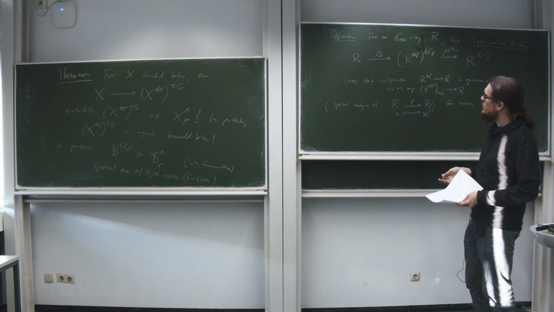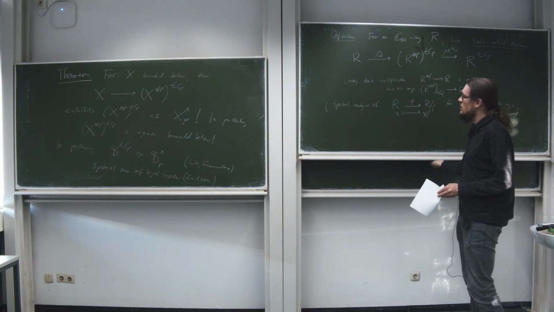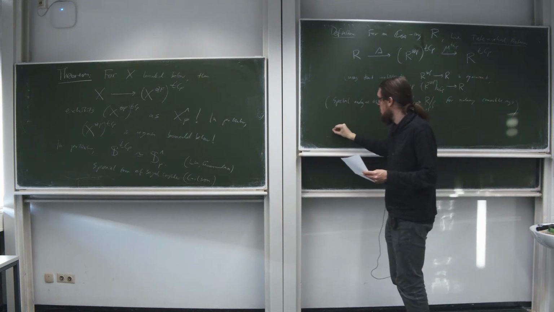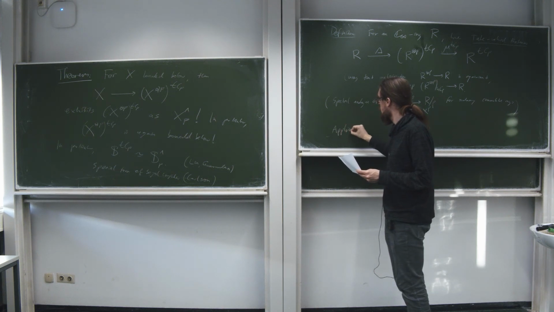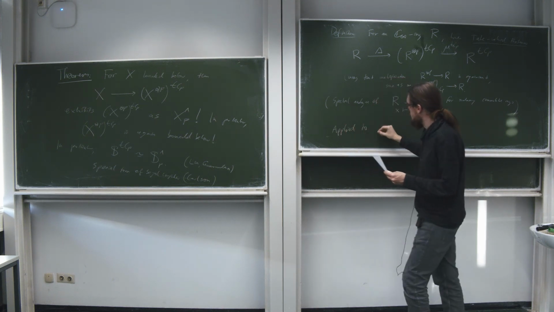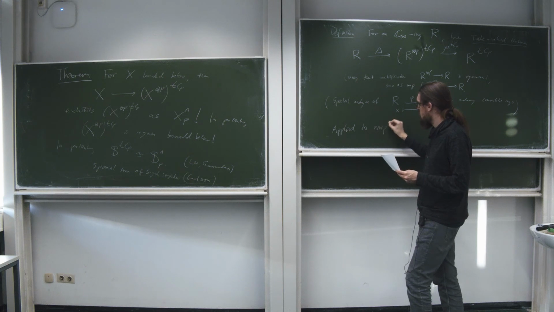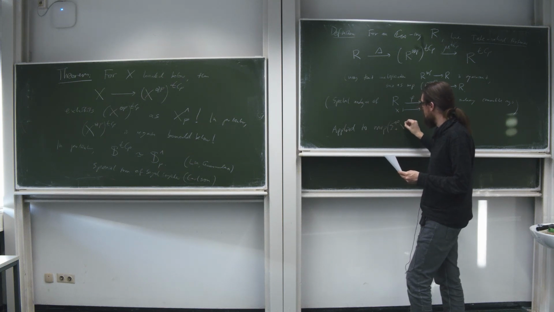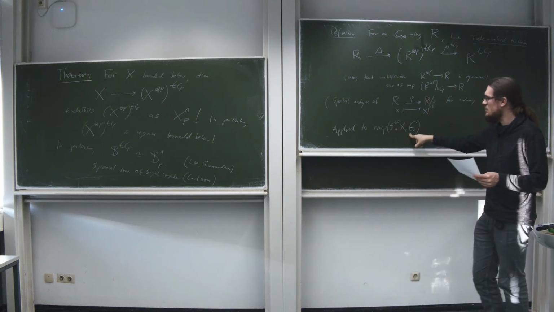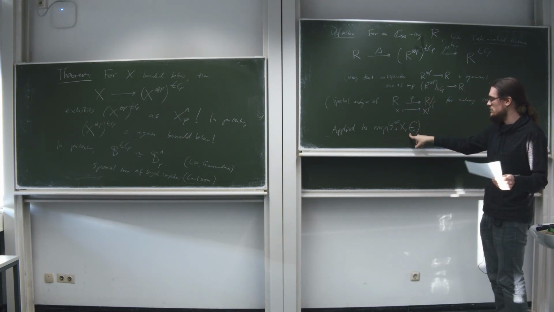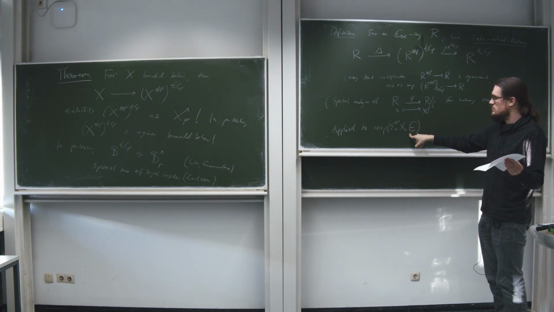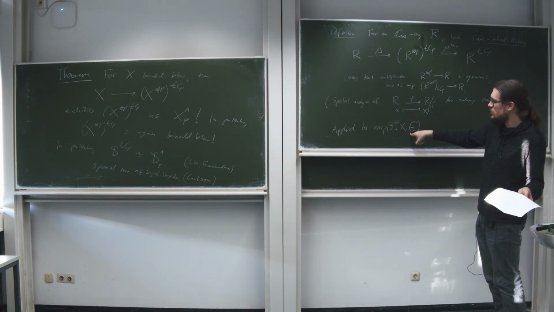And in particular, if you apply this to rings of the form map from sigma infinity plus X to E, where E is some commutative ring spectrum that you're thinking of as a cohomology theory here.